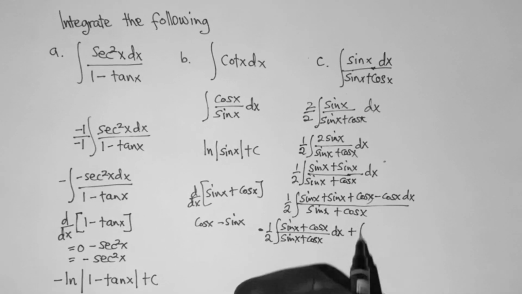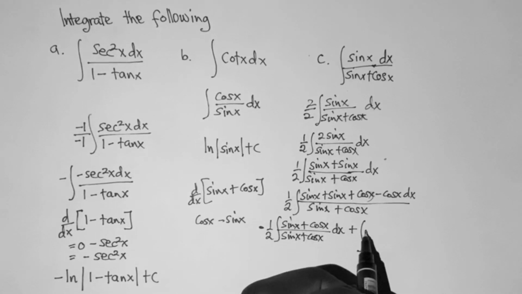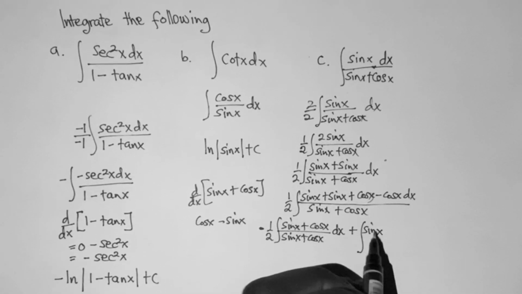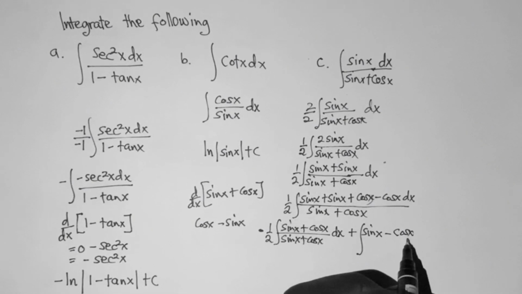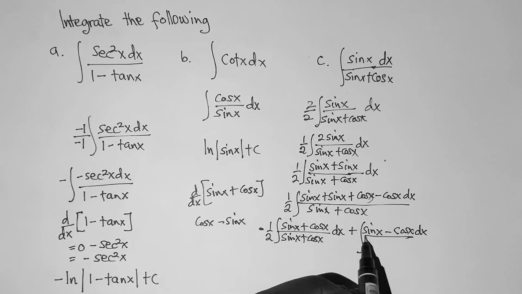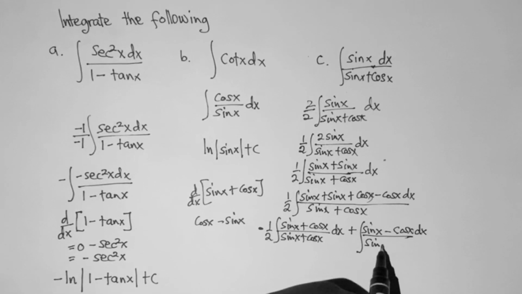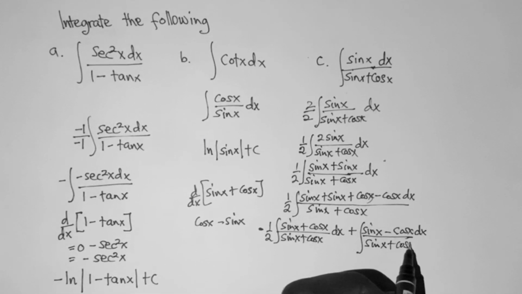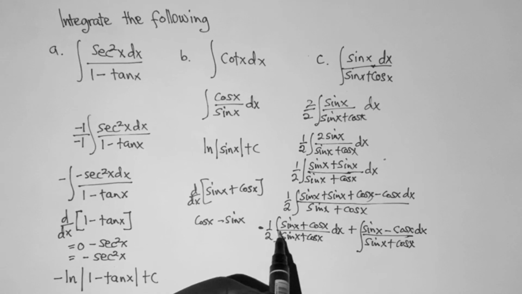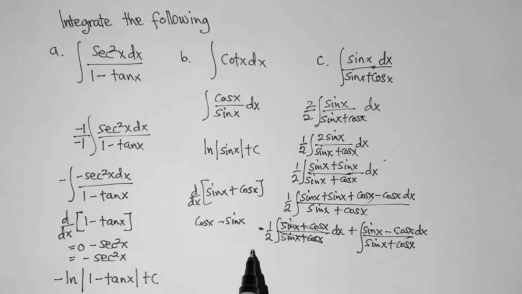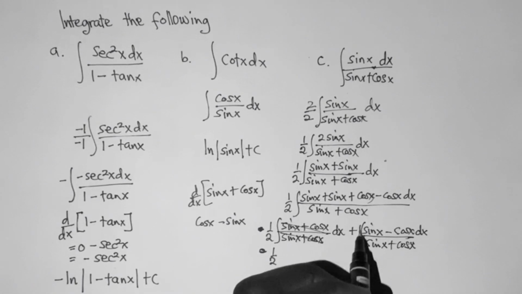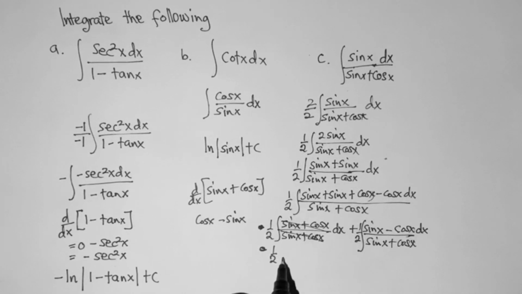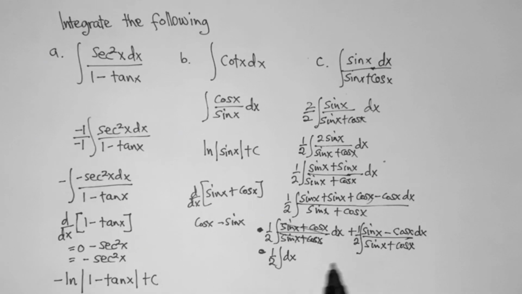Then plus integral of, we are left with 1 sine x here, then minus cos x dx divided by sine x plus cos x. So you see that from here, this one and this one can cancel out. So we are left with half, there is a half here, so half integral of dx.